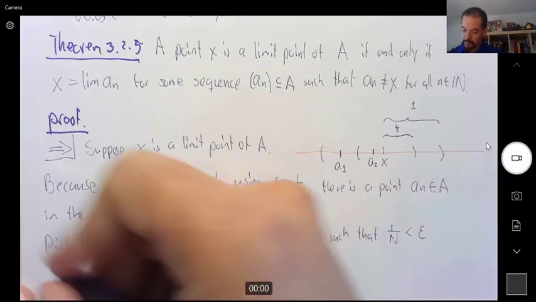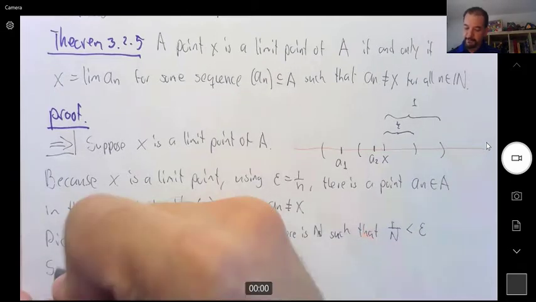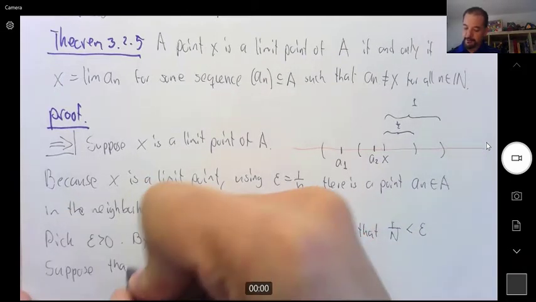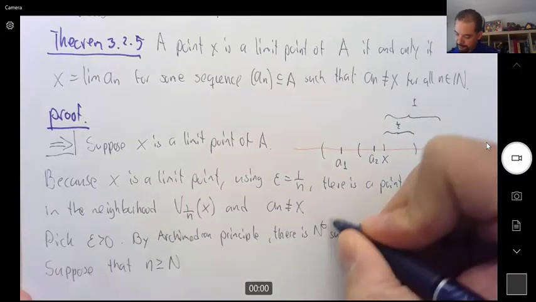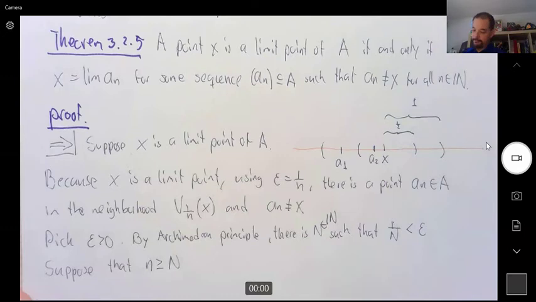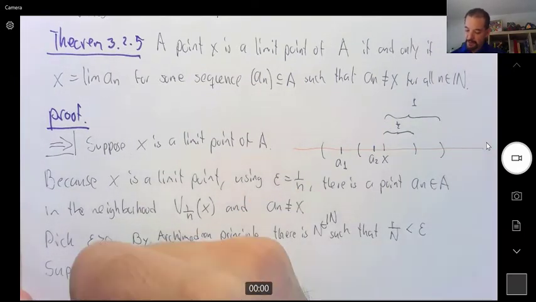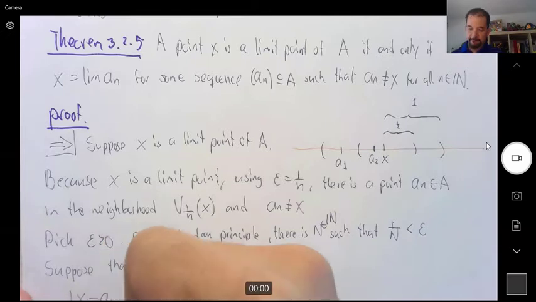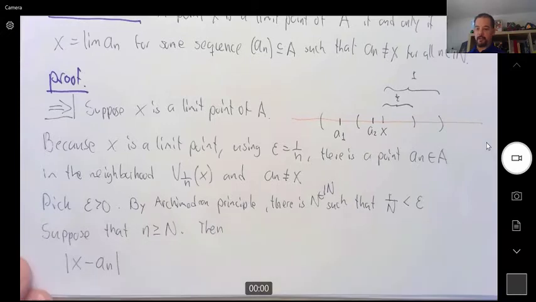Because look now at the following. What is it that we need to consider? Suppose that little n is bigger than capital N. Then I want to look at the distance from x to a_n. Correct? What is the distance from x to a_n?